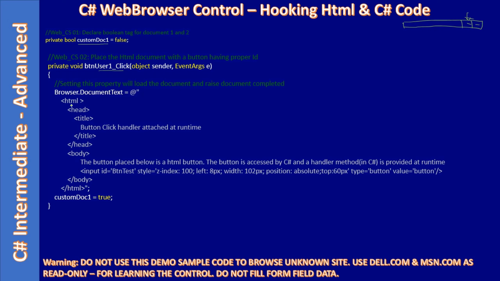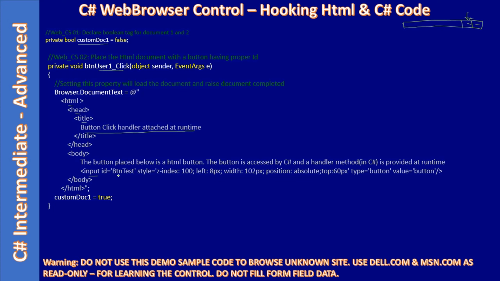Alright, so here if you see we have a simple HTML document: HTML, head, title, and there is a static text, button click handler attached at runtime. Then we state in the body, the button placed below is an HTML button. The button is accessed by C# and a handler method is provided at runtime. So this is our button.